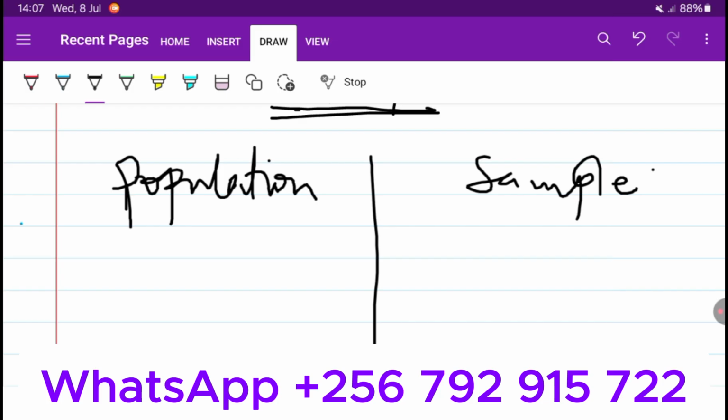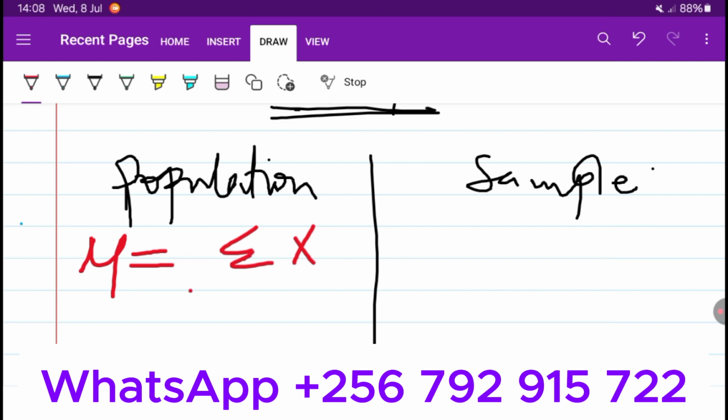So if we have a population, the symbol that we use is mu. Can write it like that, mu, meaning it will be the summation of the x values, then divided by number of observations taken as n, capital N. This means it is a population.